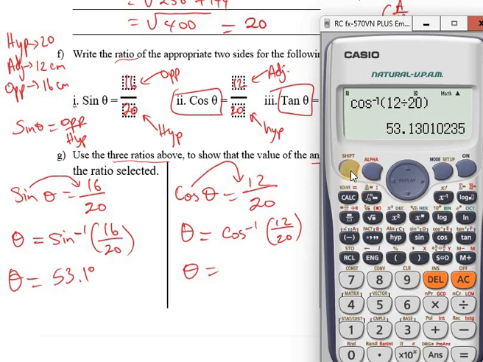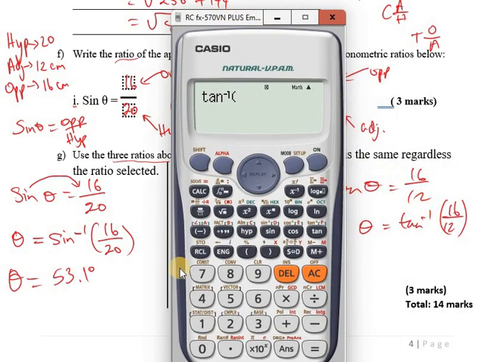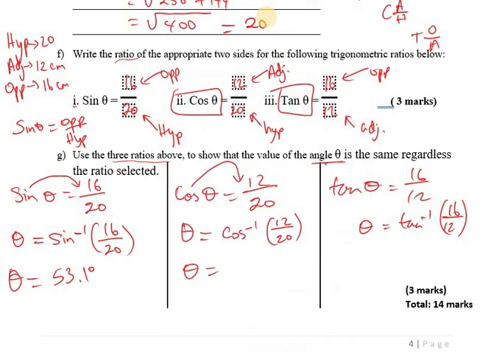Shift, tangent, and it will be entered in the same manner: 16 divided by 12, close bracket, equal, same 53.13, etc. So all these values are the same. We just proved that no matter which trig ratio you use, the acute angle theta is approximately 53.1 degrees to one decimal place.